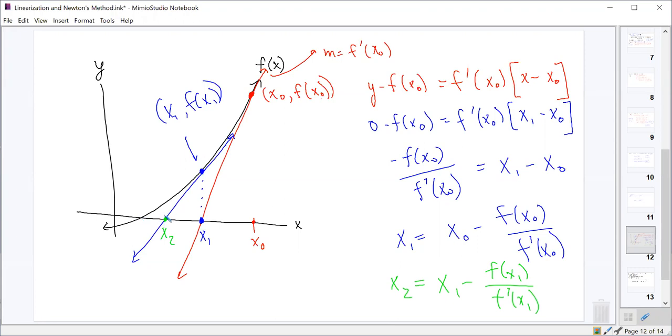Does our function have a value at x2? Sure looks like it. And our function has a tangent line at x2. And my goodness, that tangent line at x2 has an x-intercept. We could call that x3. It'd probably be x2 minus f of x2 over f prime of x2.